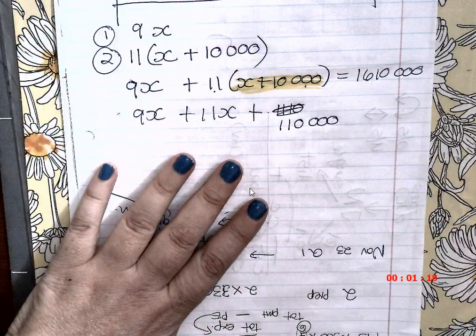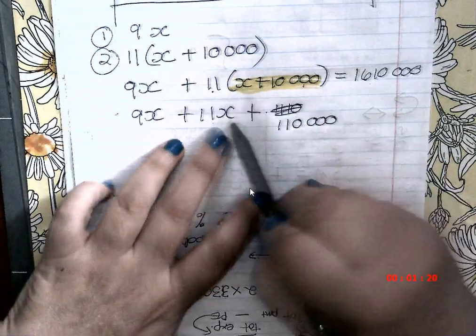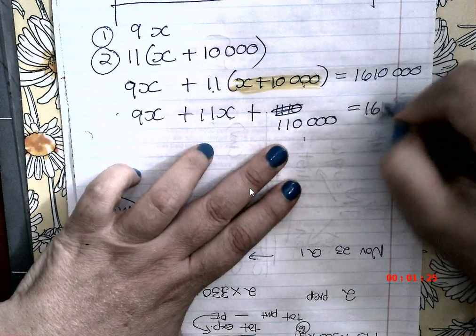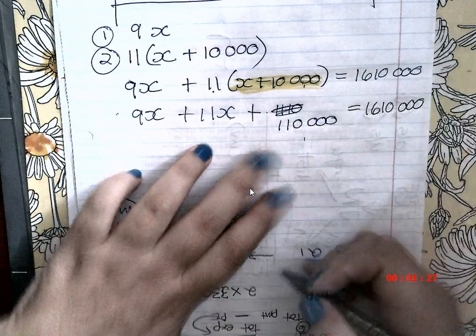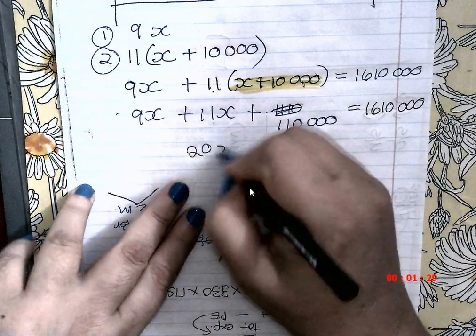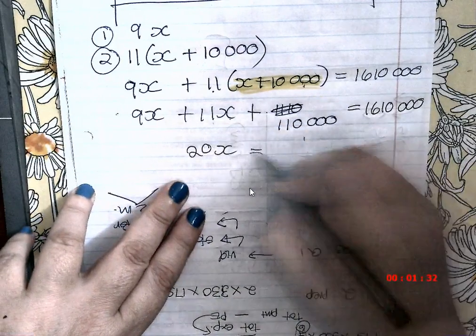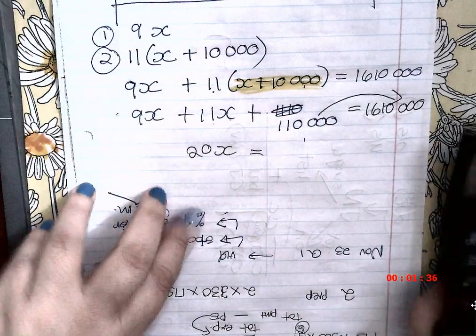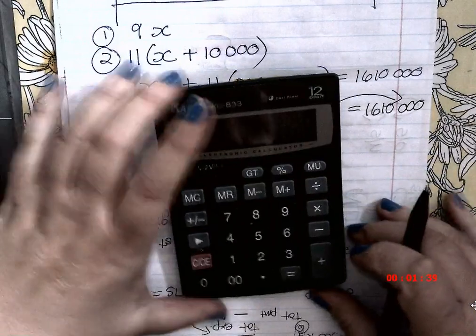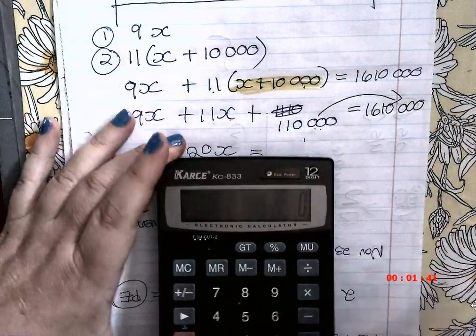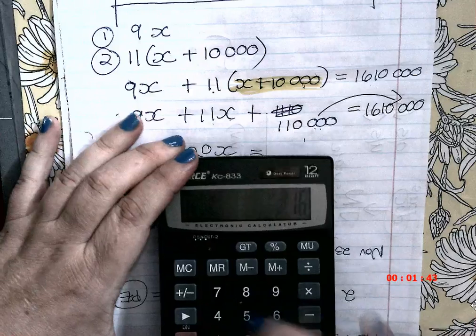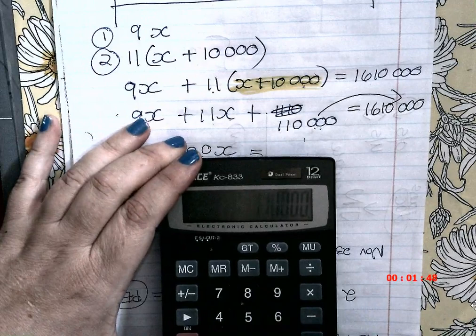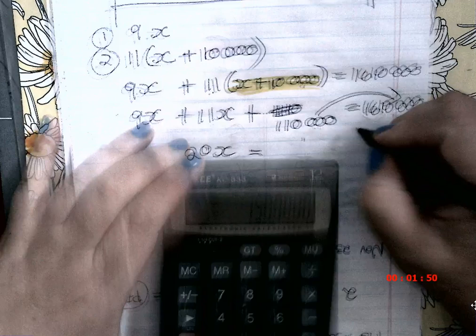Right, so now 9X plus 11 times X plus 11 times 10 equals 1,610. And now I say, okay, so this gives me 20x equals, if I take that over the line, I've got 1,610 less 110, and that gives me 1.5 million.